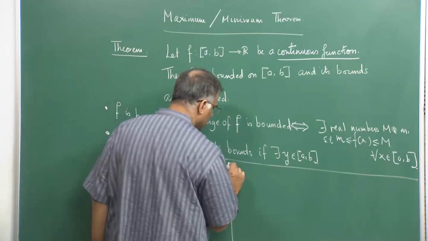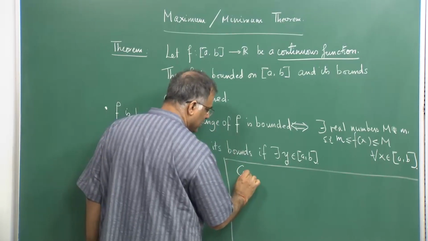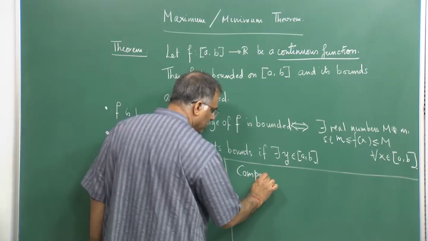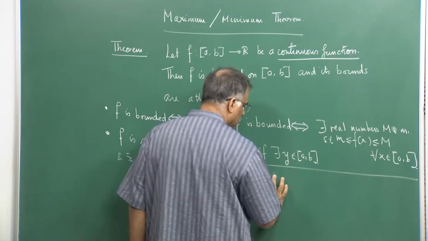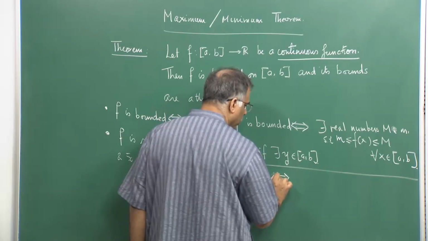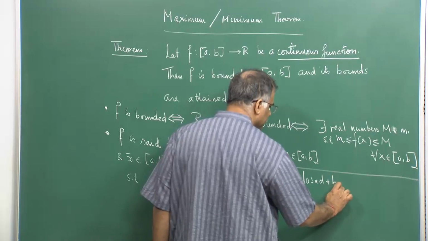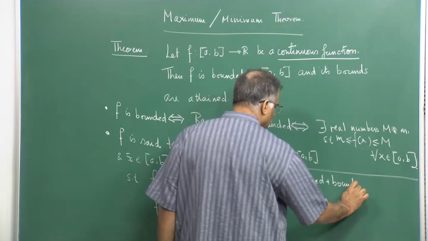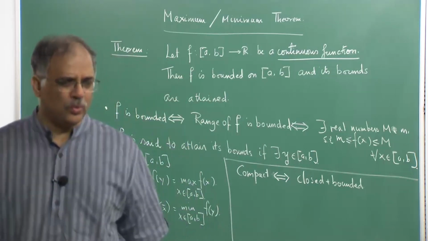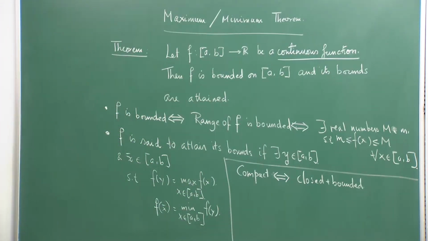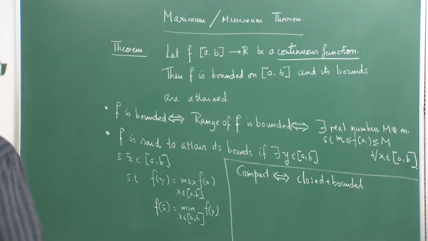There are two terms, compact, this term compact is a shorthand for a set which has two important properties, closed plus bounded. So, when is a set in the real line closed, and what do you mean by that, right.